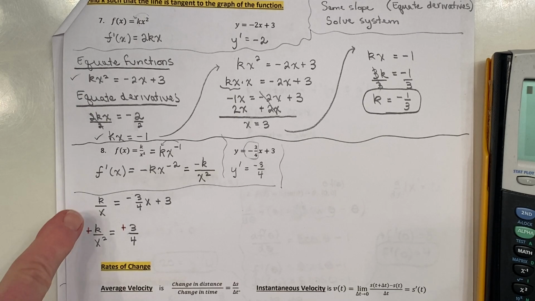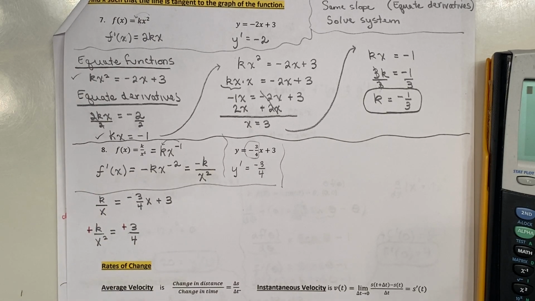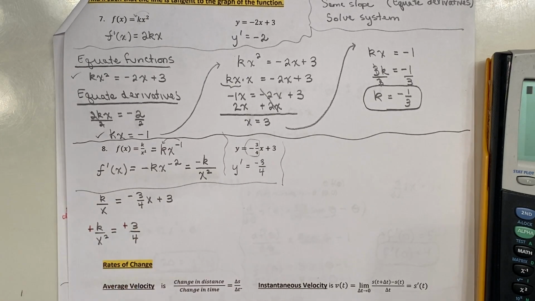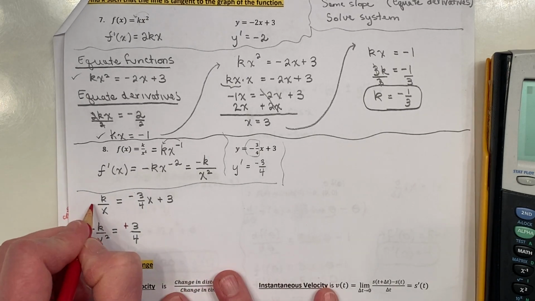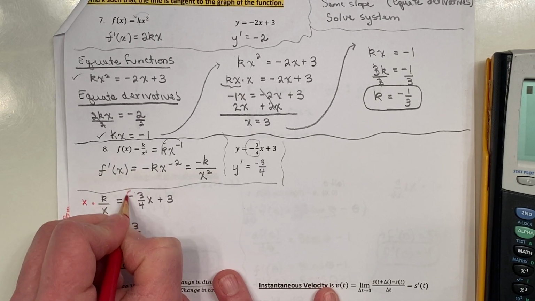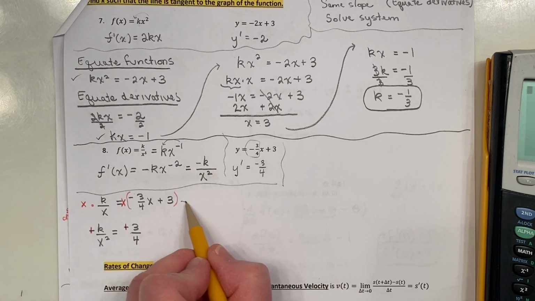I could solve each of these equations for k and set those equations equal to each other. That's what I'm going to do. So let me solve this equation for k, which means I'm going to multiply both sides by x. So I'm going to multiply by x here to divide this x out and multiply this whole side of the equation by x.